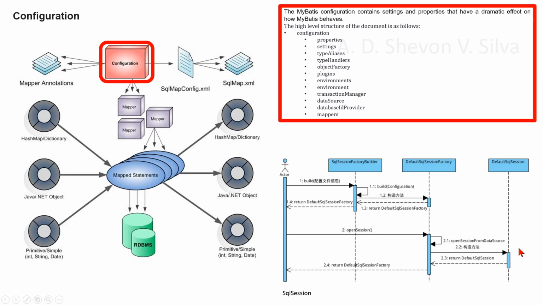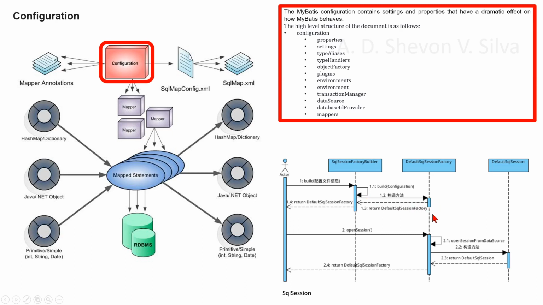Let's look at how to get SQL session first. For SQL session, the factory builder reads the configuration file of MyBatis and then builds a default SQL session factory.